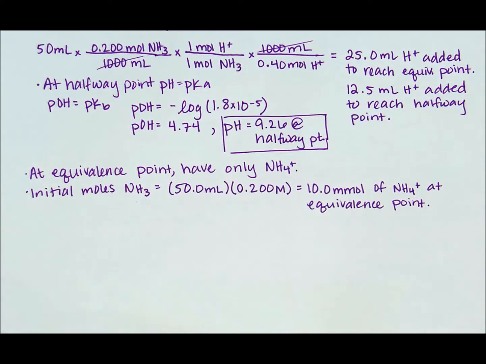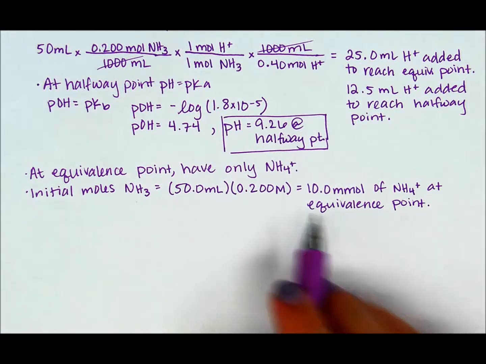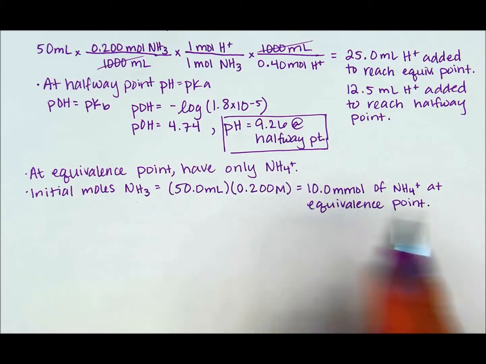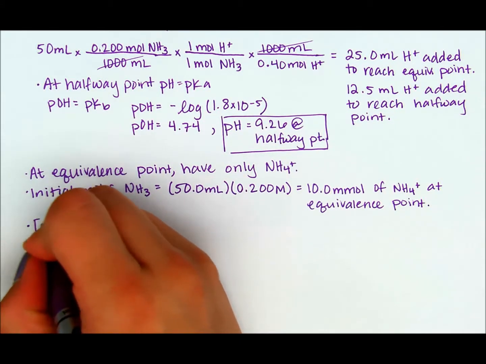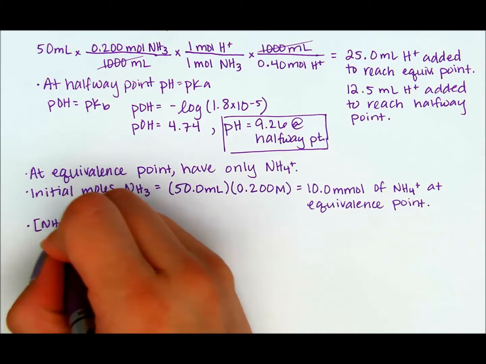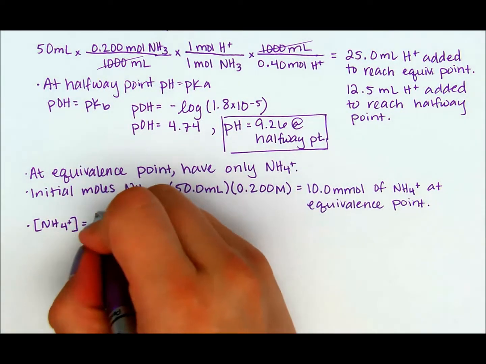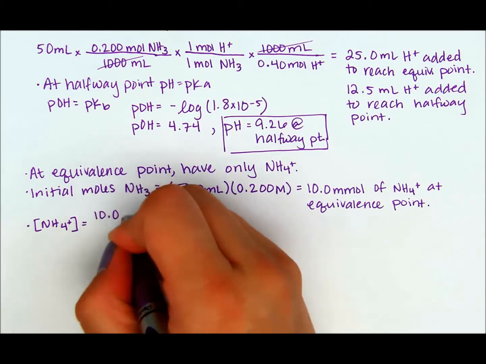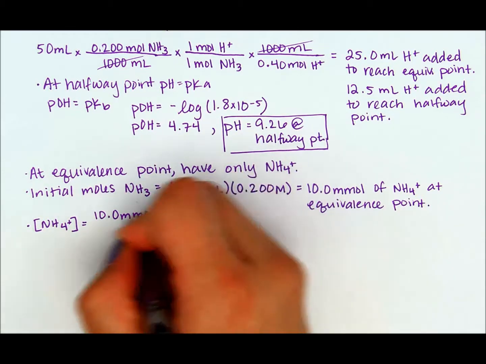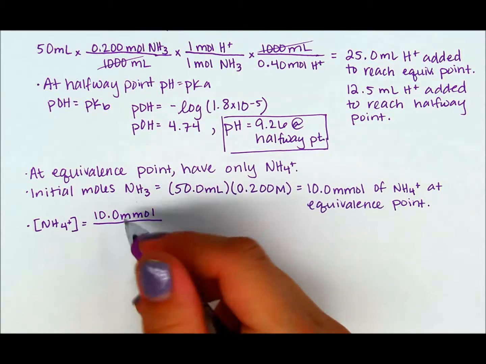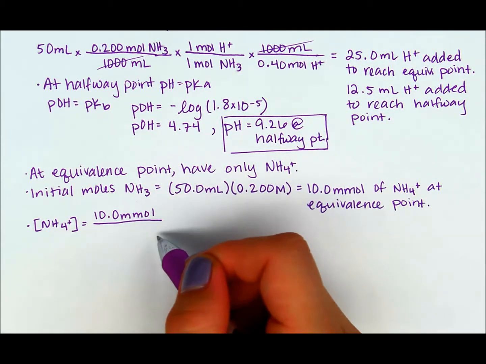So at this point, it's just a weak acid solution. So if from this we figure out the number of moles or millimoles, we can also calculate the concentration of NH4+. So the concentration of NH4+ is equal to 10 millimoles, so we're going to be moles per liter. So 10.0 millimoles over, now I can keep this in milliliters because milli will cancel milli and you'll have moles per liter.